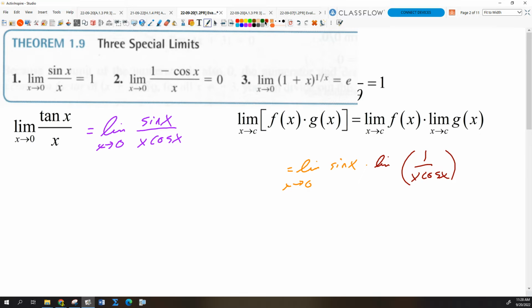If I try to evaluate those directly, I get 0 times, well, we're going to call it infinity eventually, right? I get 1 over 0, which is undefined, okay? And that ends up with 0 times infinity, which is itself an indeterminate form.